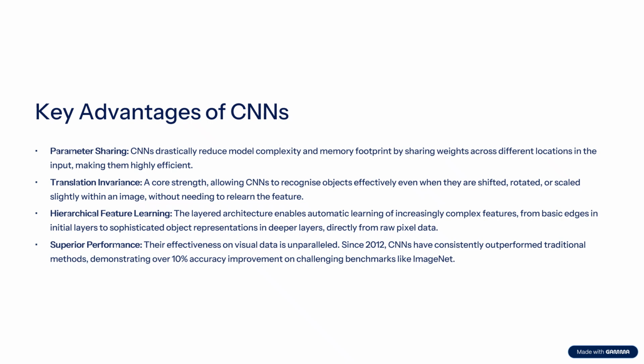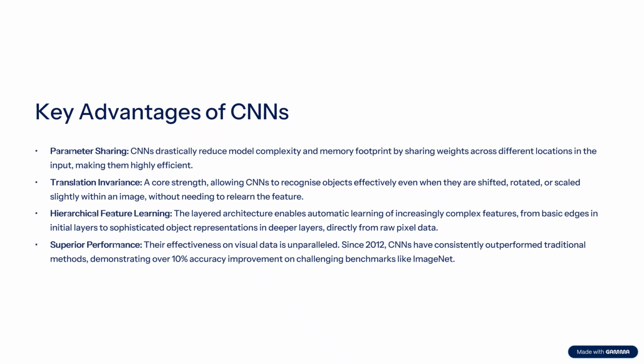Hierarchical feature learning. The layered architecture enables automatic learning of increasingly complex features, from basic edges in initial layers to sophisticated object representations in deeper layers, directly from raw pixel data. Superior performance. Their effectiveness on visual data is unparalleled.